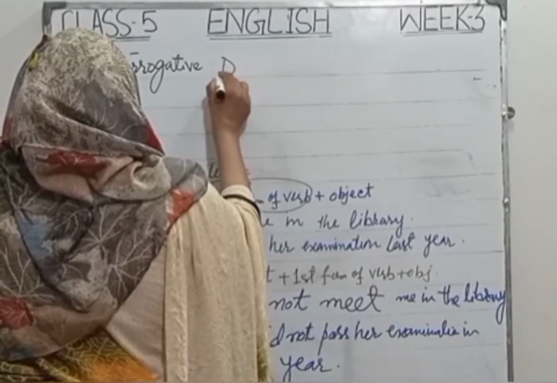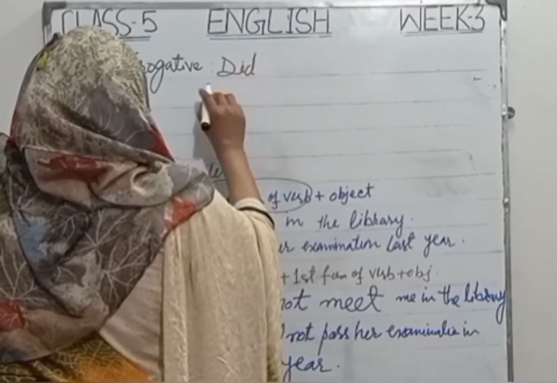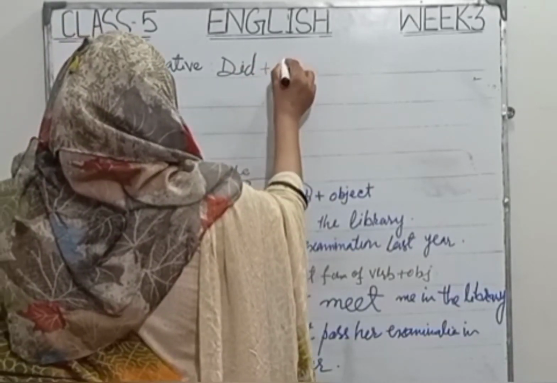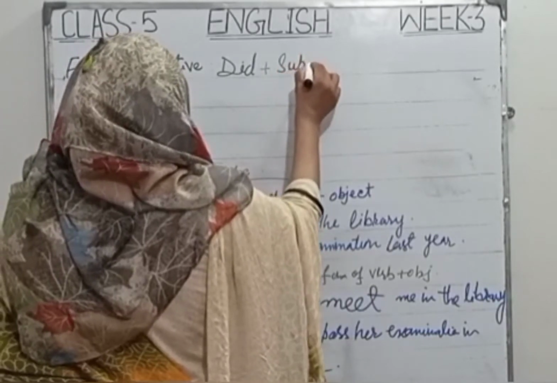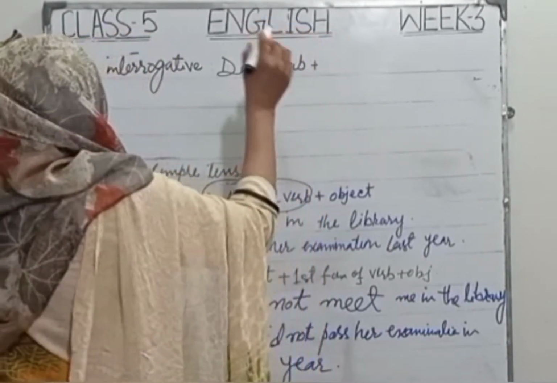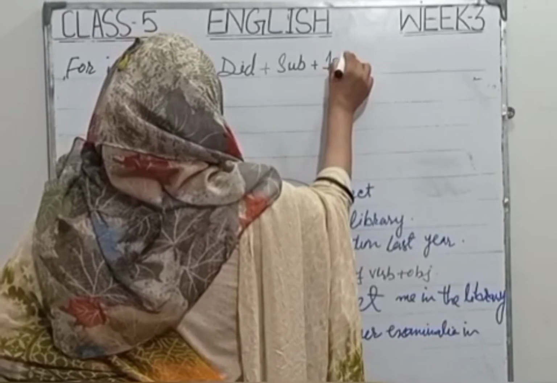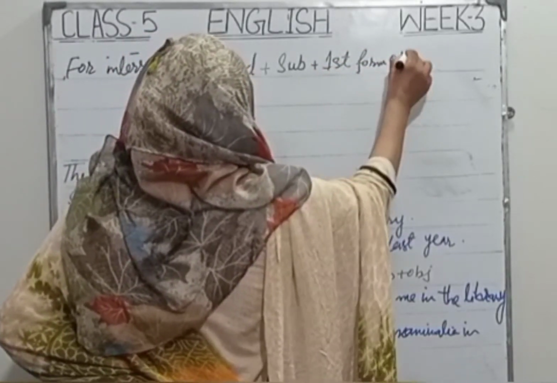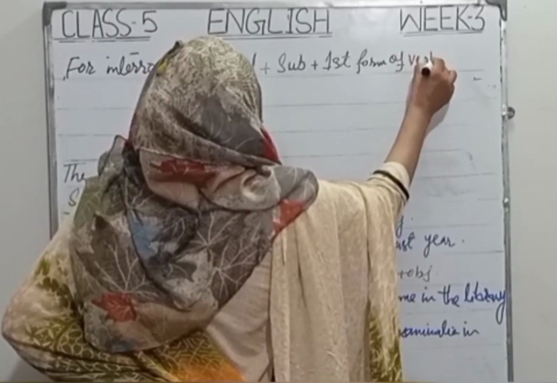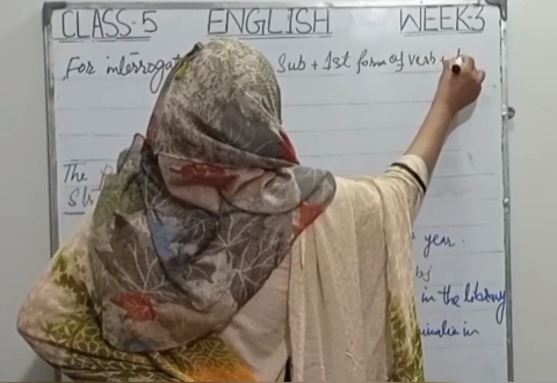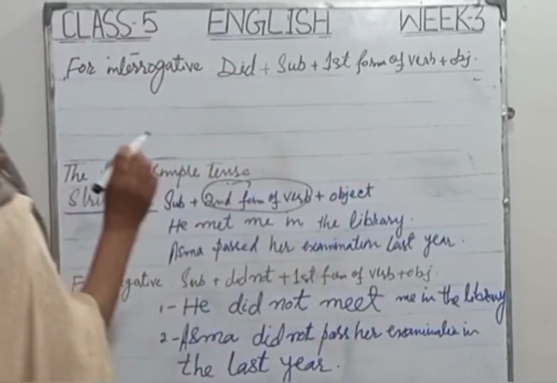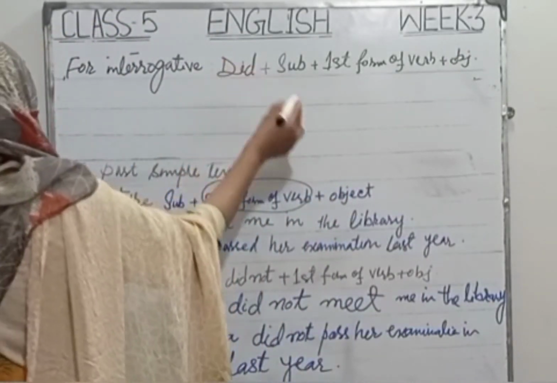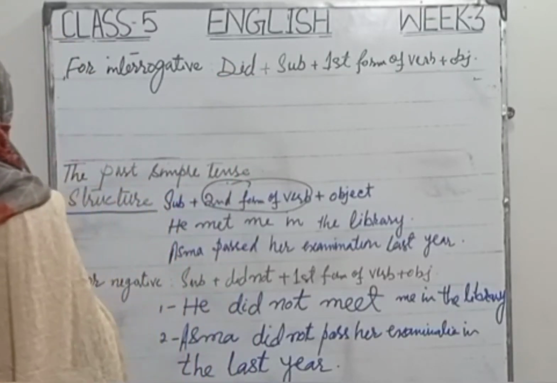Auxiliary verb did will come at the beginning of the sentence, then subject, first form of verb, then object. Example number 1. He met me in the library.